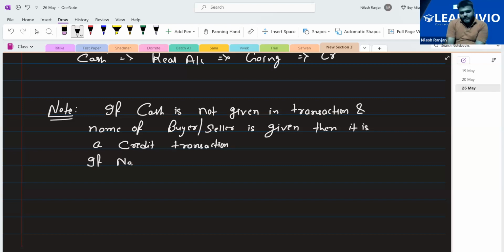If name and cash both are not given, then it is a cash transaction.